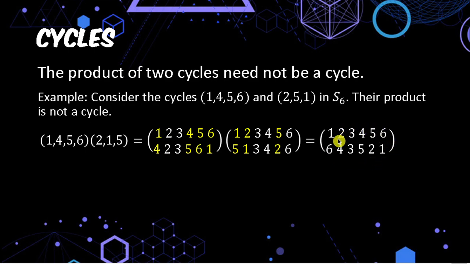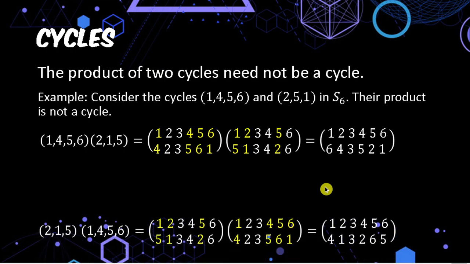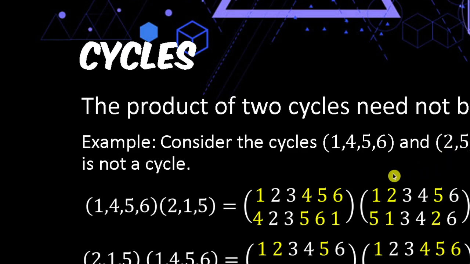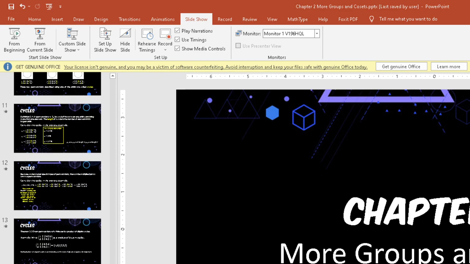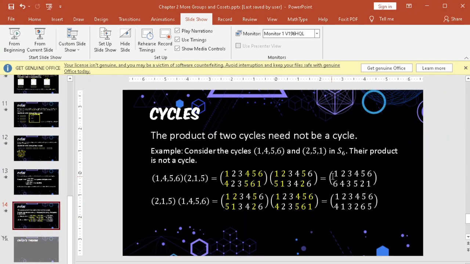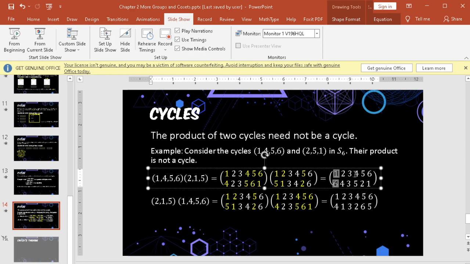Pero bakit siya hindi cycle? Ito, cycle itong dalawang to eh. Bakit hindi siya cycle?